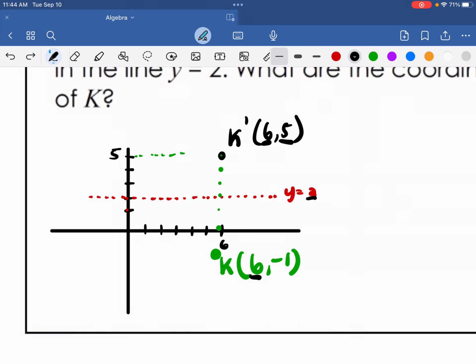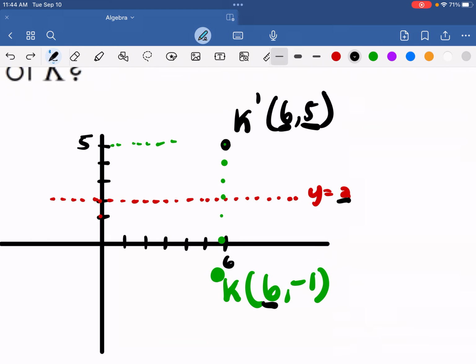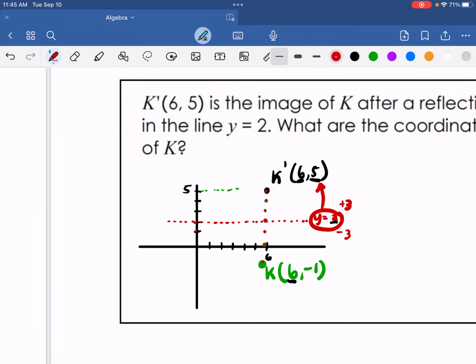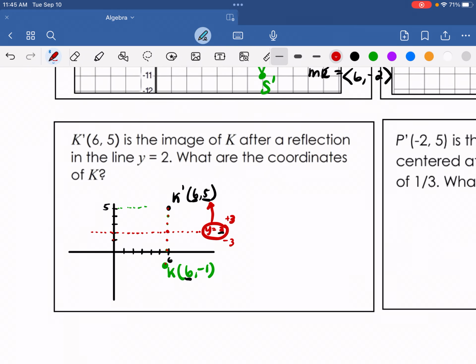Or you can even think about it another way. If you take the line of reflection, 2, how do you get to 5? Well, you would add 3, but then if you're going to go under, you would subtract 3 to get to the other coordinate, because it should be the same distance. So from the line, if you go up 3, now from the line, you got to go down 3. And it's still 6 to the right. So that's your coordinate for K. K is 6, -1.